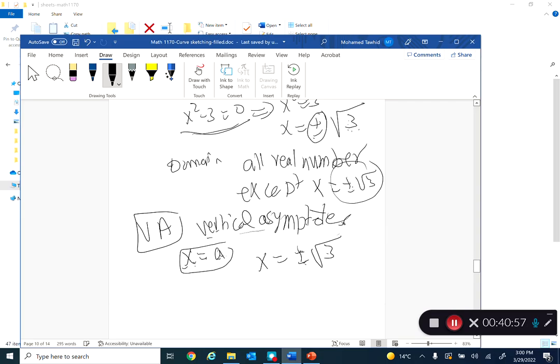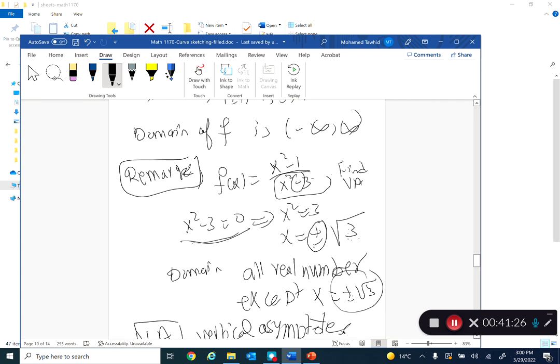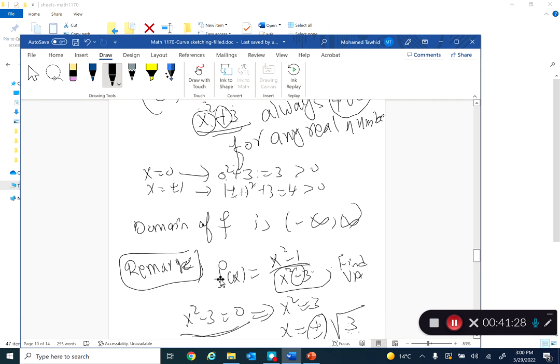I have two of them. If I use technology, you have a vertical line at x equals square root of 3 and another at x equals negative square root of 3. It means your graph never crosses or touches these two lines. All right, that is just a remark about the domain and our VA.